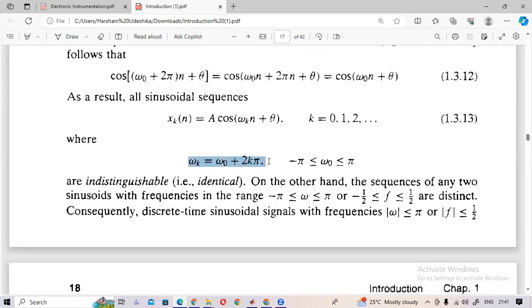Maybe this relationship may sometimes be useful: omega k is equal to omega naught plus 2kπ. So I will explain it later. What is this, okay.